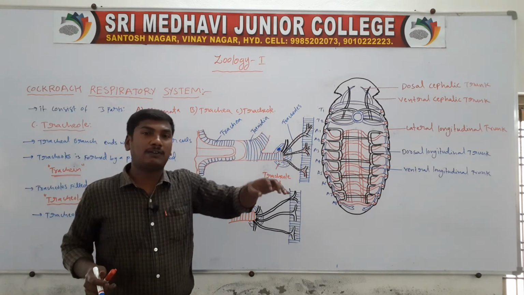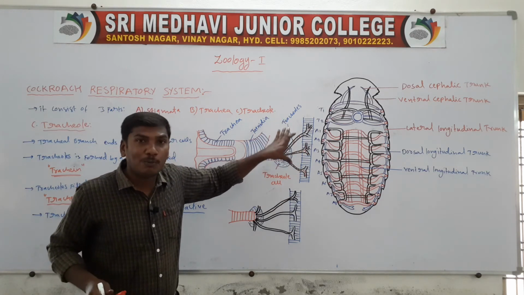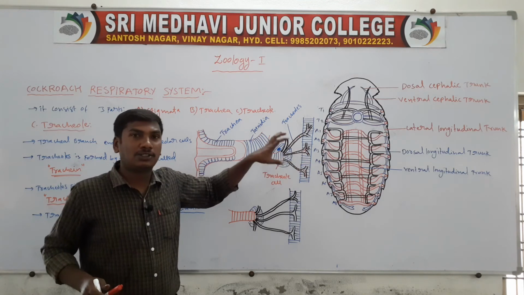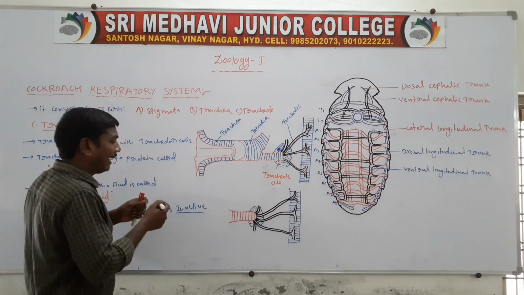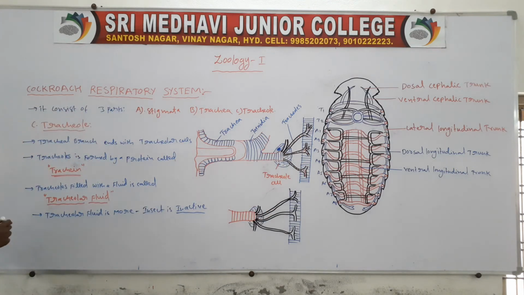That fluid is called tracheolar fluid. When the tracheolar fluid is more in the tracheoles, the insect is inactive.